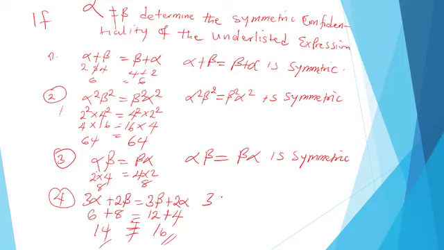Therefore 3 alpha plus 2 beta is not symmetric. That's how to check the symmetric property of certain equations.